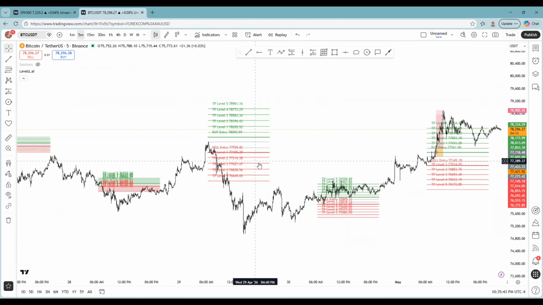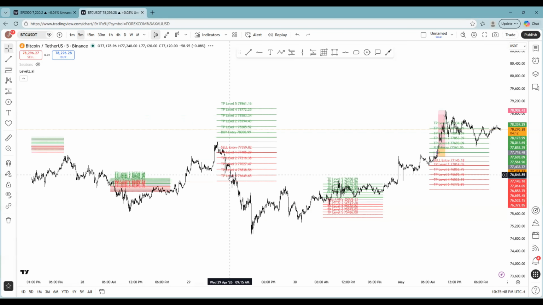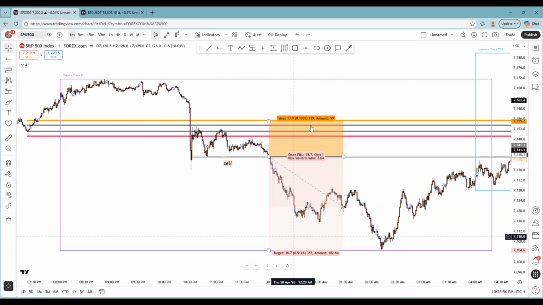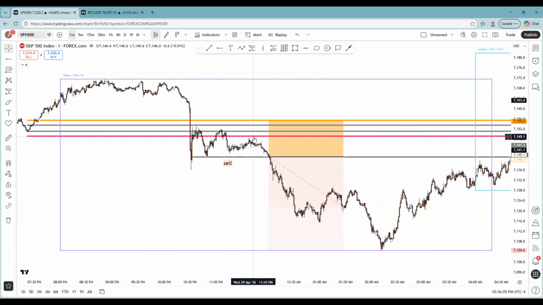It doesn't actually have stop loss levels. So to make sure that I'm managing my risk, if I get in for sells, that buy entry level is going to be my SL. And if I get in for buys, that sell entry level is going to be my SL. That's how I chose to use it.